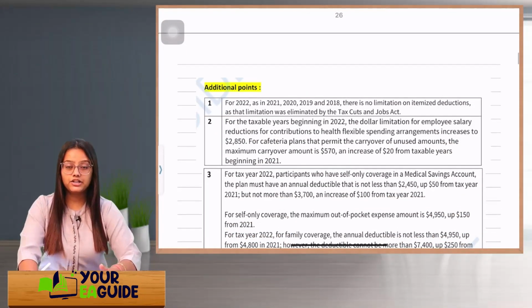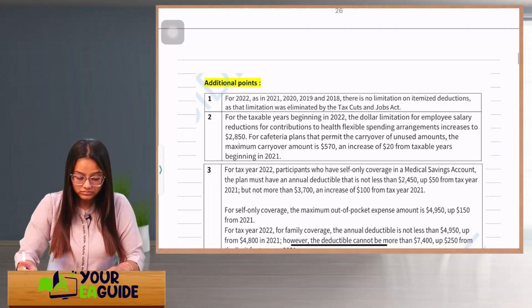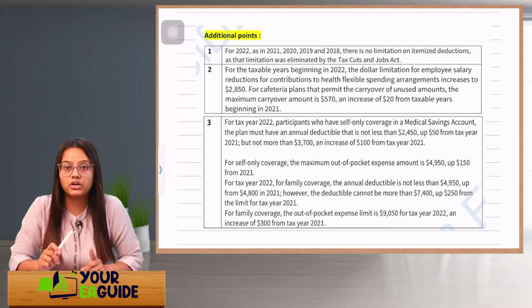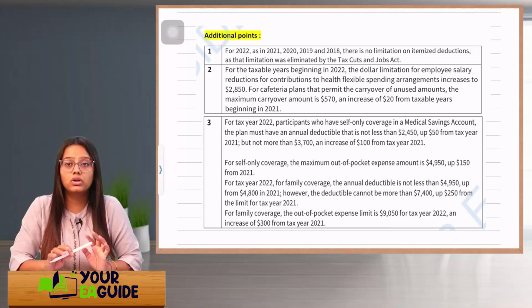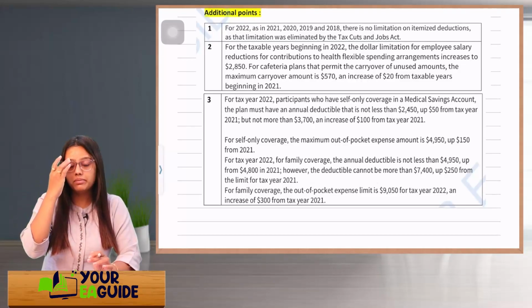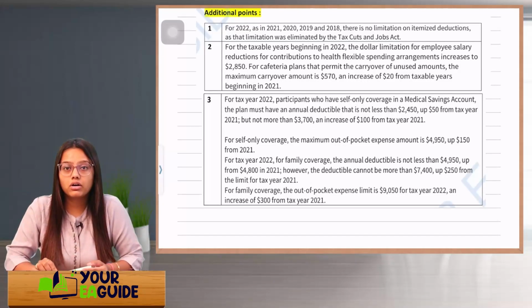Next is additional points. See, for 2022, as in 2021, 2019 and 2018, there is no limitation on itemized deduction, as that limitation was eliminated by the Tax Cuts and Jobs Act. Okay, so for itemized deduction, there are no limitations under TCJA.